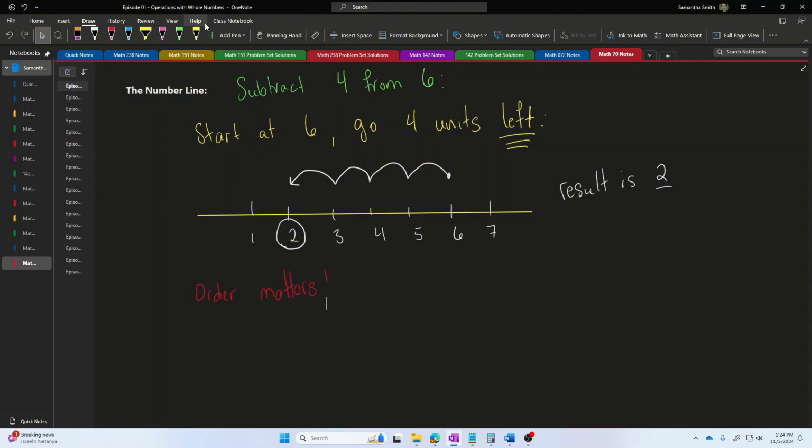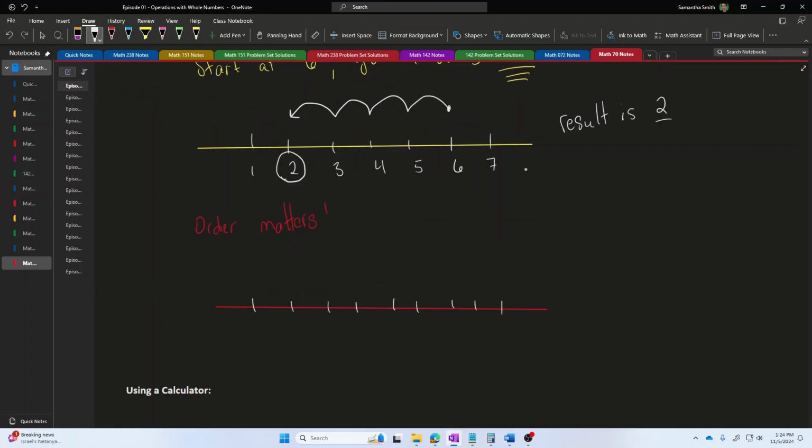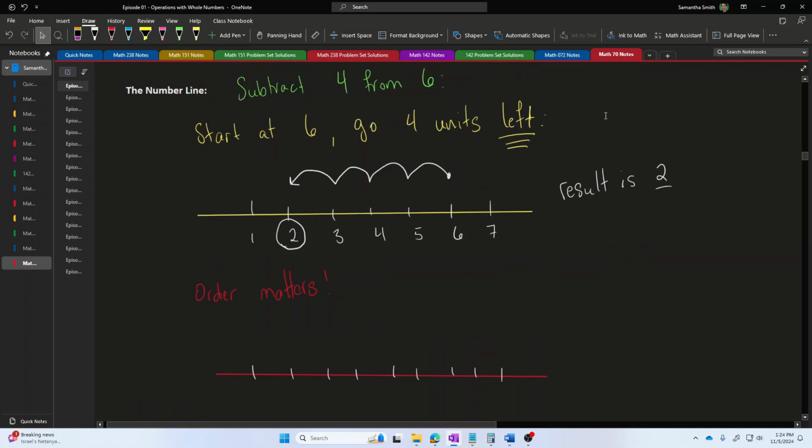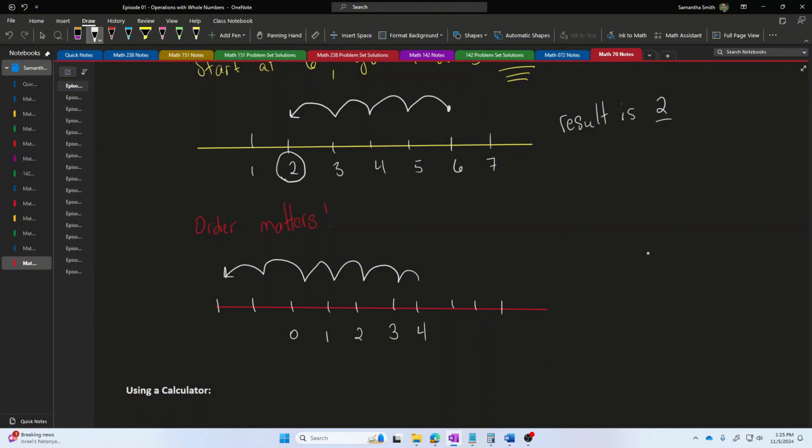Because if I try to do the subtraction in the other order, if I try to start at 4, for example, and move 1, 2, 3, 4, 5, 6 units to the left, then I can see I'm getting a totally different answer than the 2 that I got before.